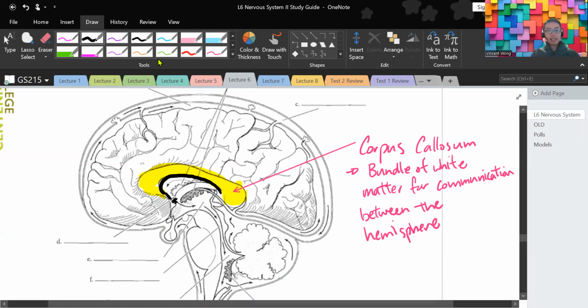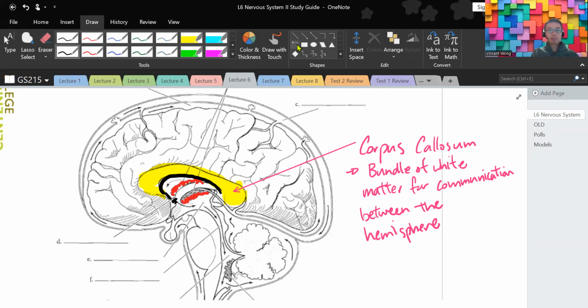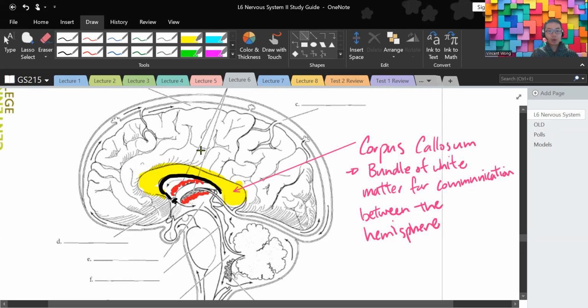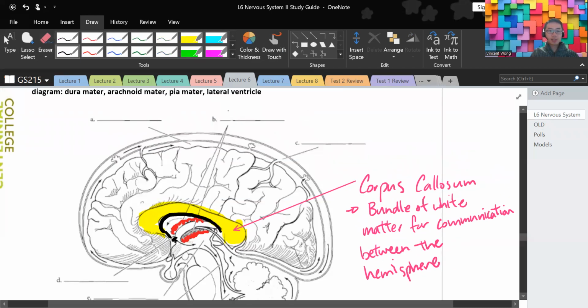Now, attached to the walls of the ventricles, you will have these spongy tissues. Those spongy tissues are called choroid plexus. We already labeled this in the videos, but let's just do it again. So this is the choroid plexus, which is a vascularized tissue.